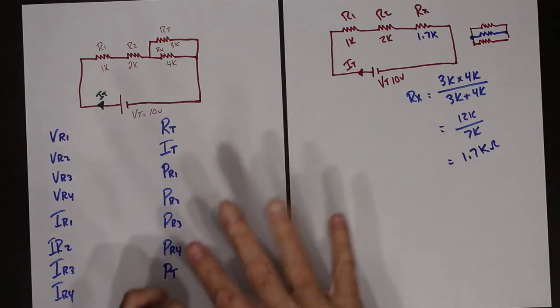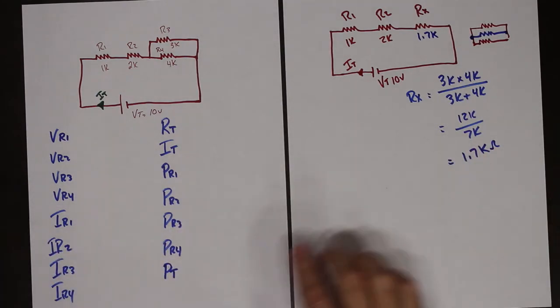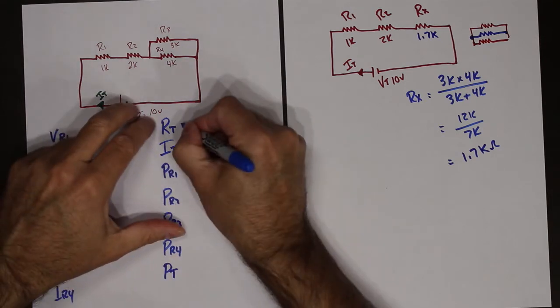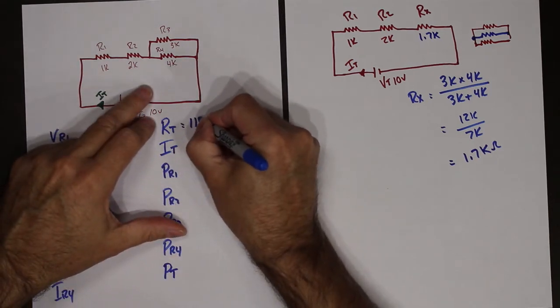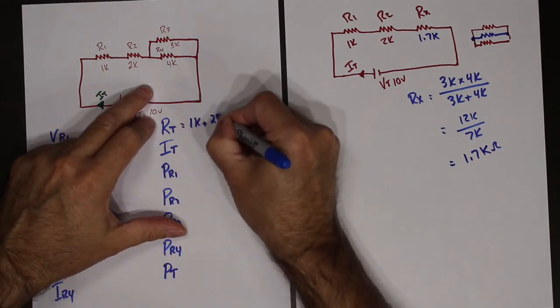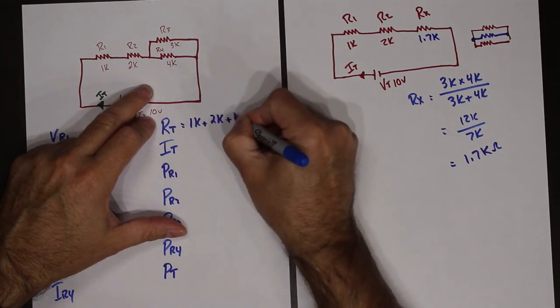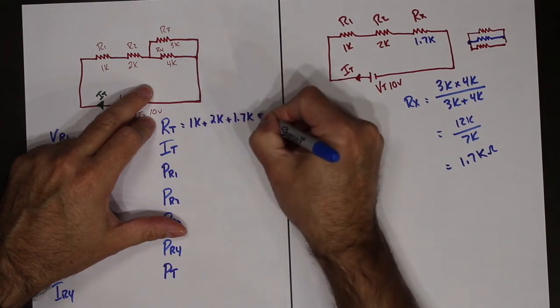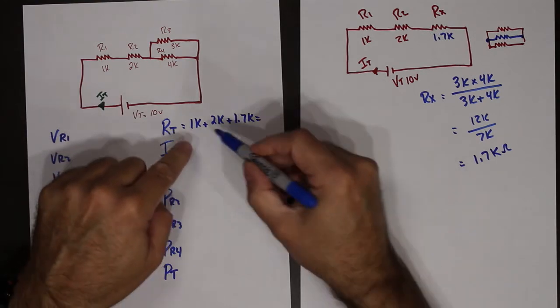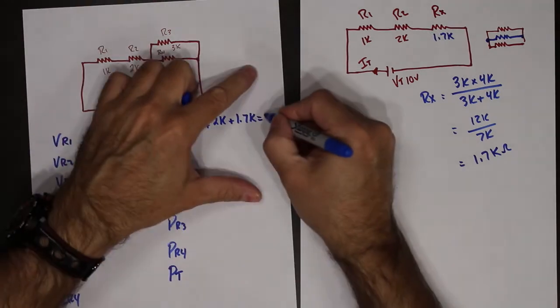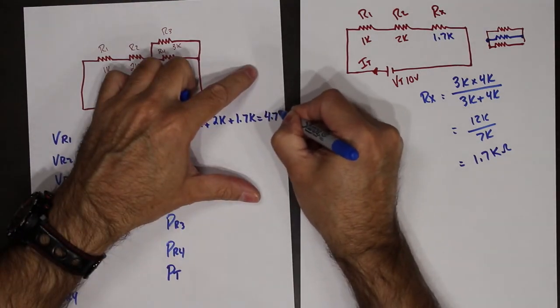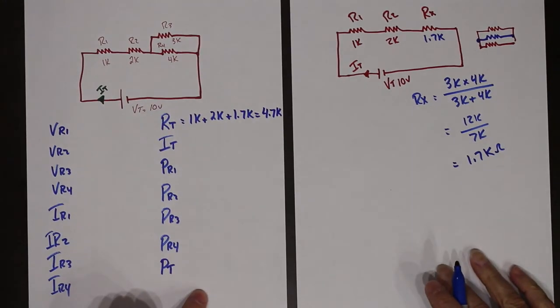So now our total for the circuit is 1K plus 2K plus 1.7K, which is 4.7 kilo ohms.